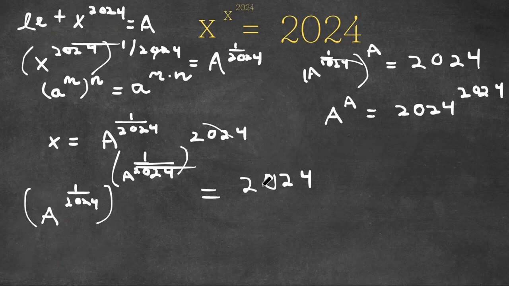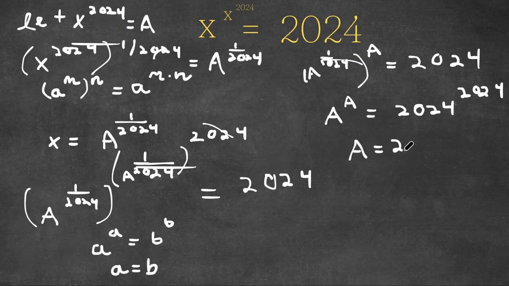Now, if we have something in the form a to the power of a is equal to b to the power of b, then this means that a is equal to b. So in this case, this means that a is equal to 2024. And although we have a solution, a is not what we're looking for. We're looking for the value of x.